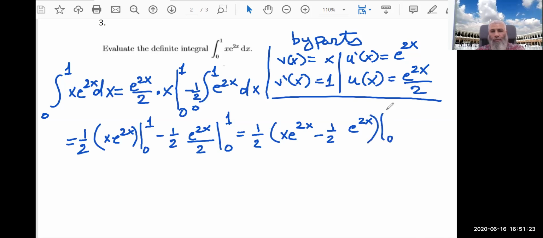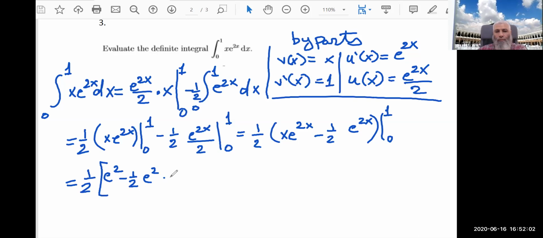and this is from 0 to 1, right? Okay, can we substitute now? 1 half, we'll substitute. Upper limit first: e to the 1 multiplied by e power 2, e power 2, minus 1 half multiplied by e power 2.